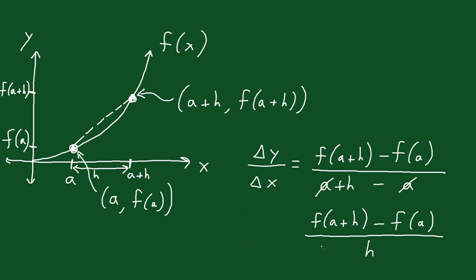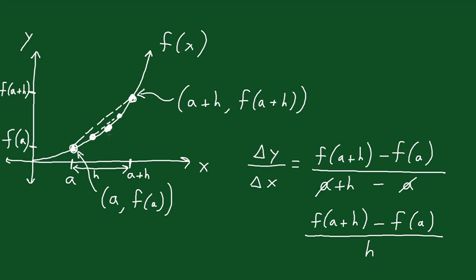Now, what would happen if this value of h, the horizontal distance between the points, got smaller and smaller? Well, if the points got closer together, you'd have a slope like that. If they got even closer together, like this, or even closer together to the point where they're actually the same point, well then that average slope, that average rate of change between them actually becomes an instantaneous rate of change, because those points become the same point.